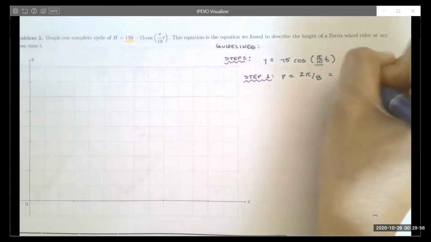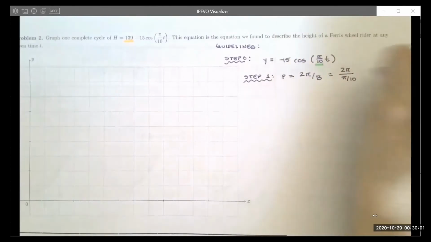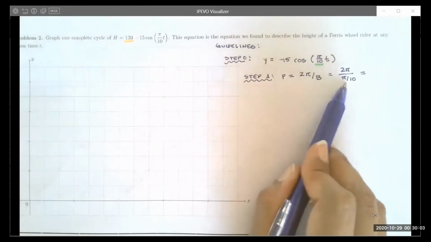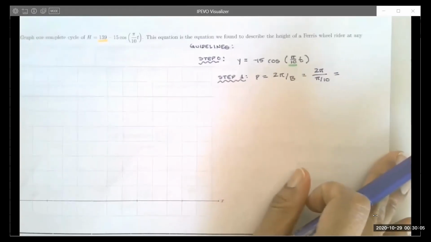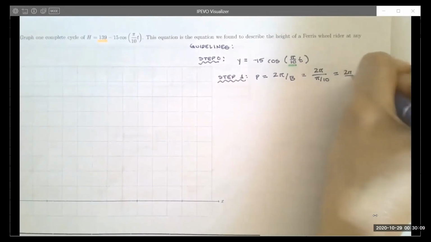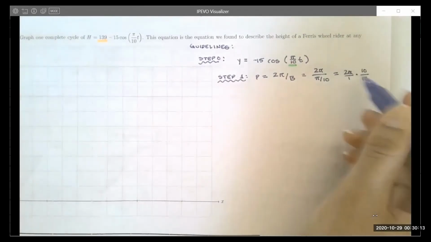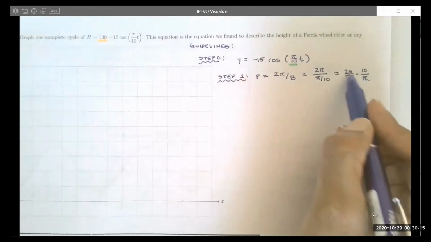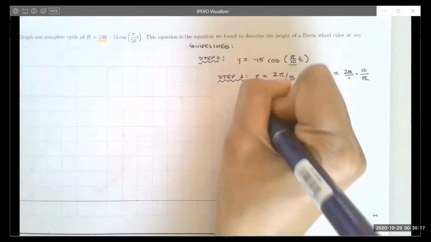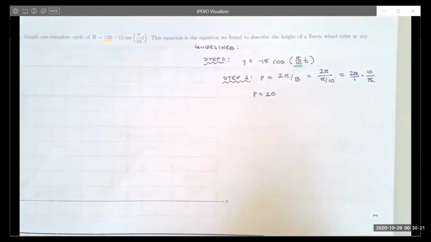That means that the period will be 2 pi over pi over 10. When we divide by a fraction, it means multiply by the reciprocal. So that means 2 pi over 1 times 10 over pi. The pi's are going to cancel, and then 2 times 10 will be 20 over 1. So we get that the period is 20.